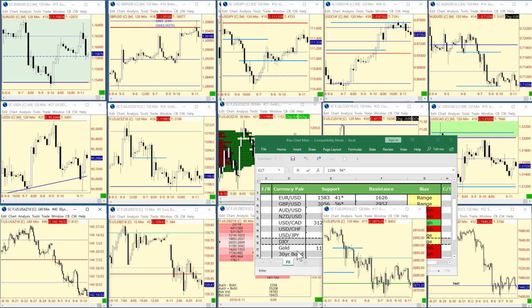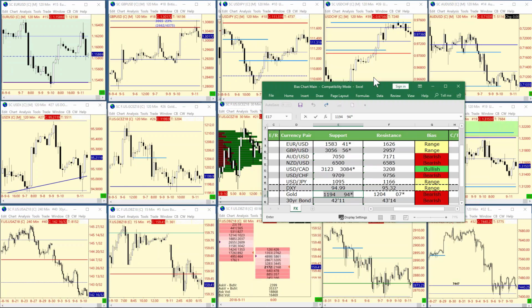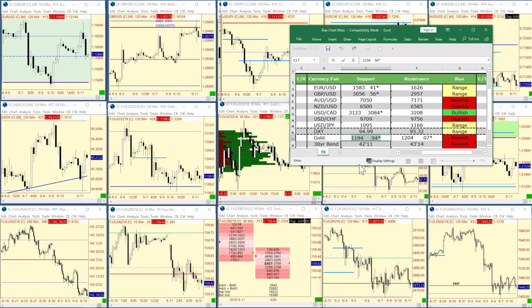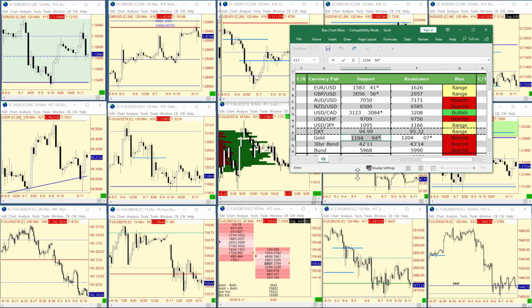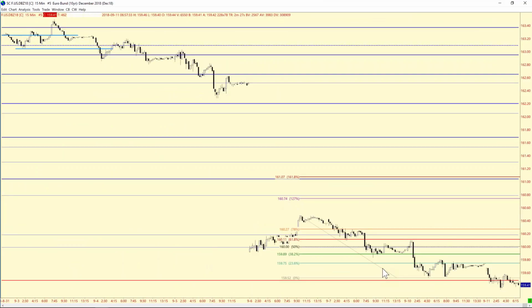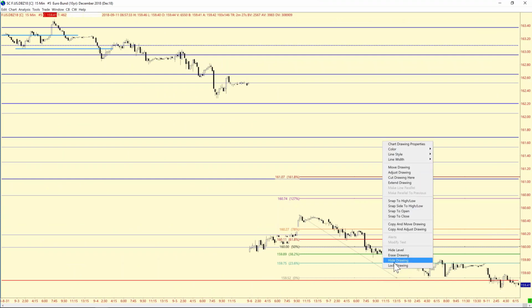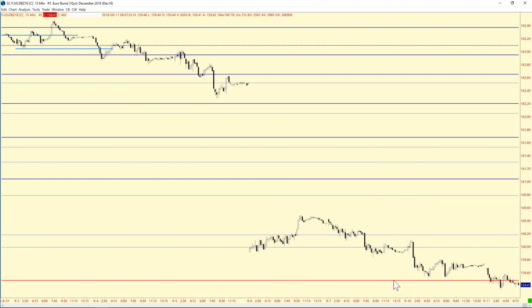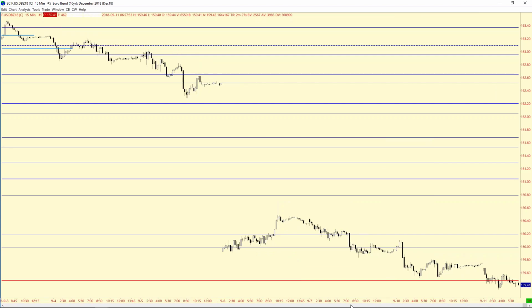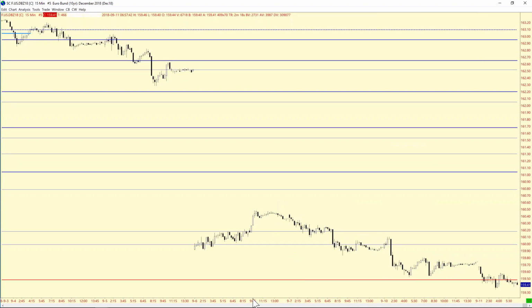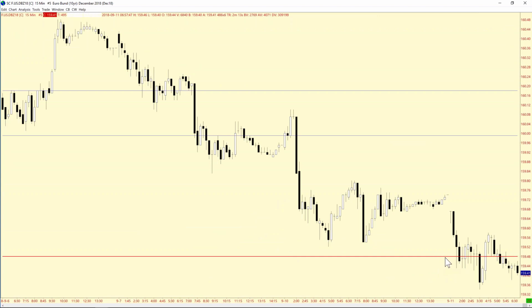Let's move into the bonds. This market continues to remain under a heck of a lot of pressure.